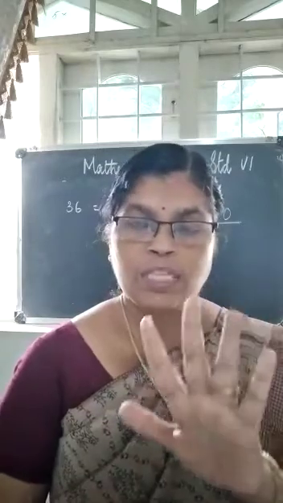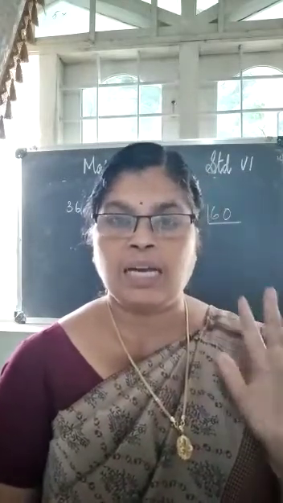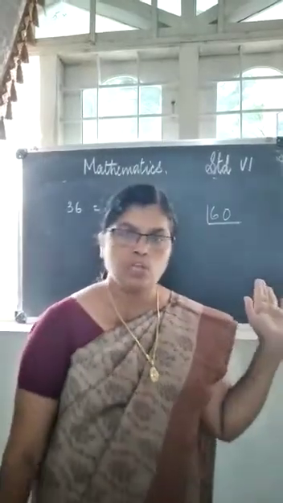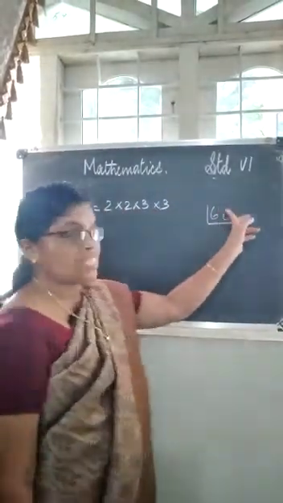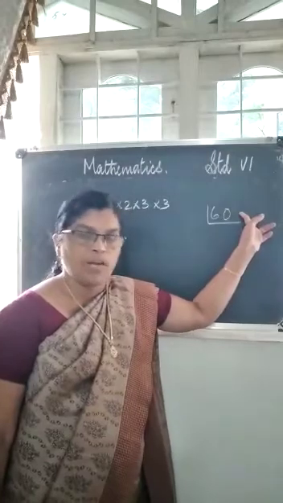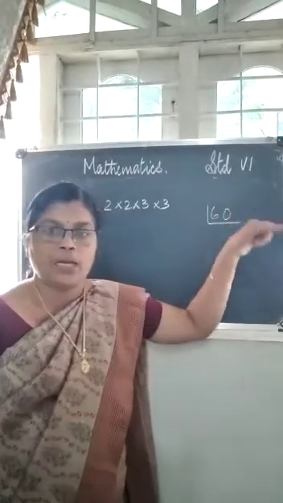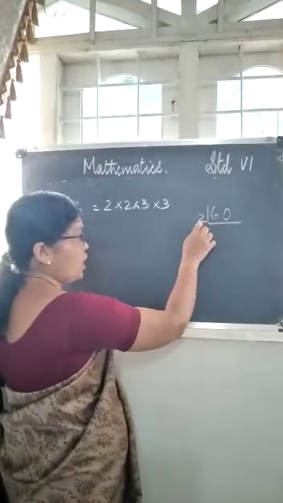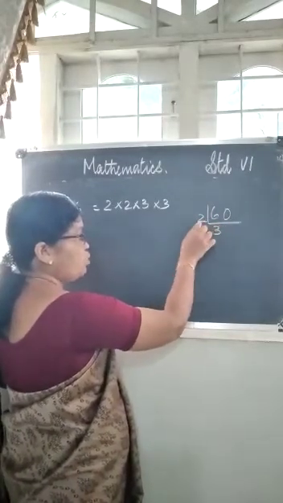If any of these digits is in the ones place, then we can divide the number by 2. Here in the ones place 0 is there, so we can divide 60 by 2. In 6, how many 2's are there? 3 2's are 6.